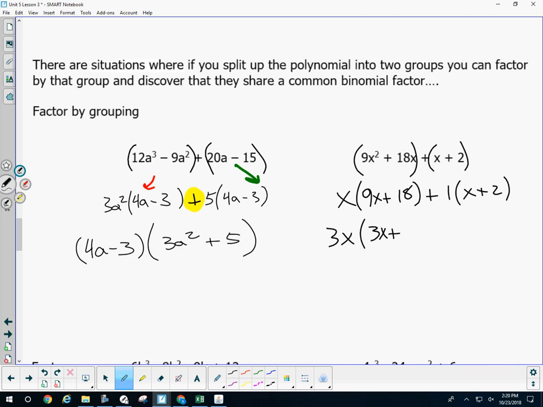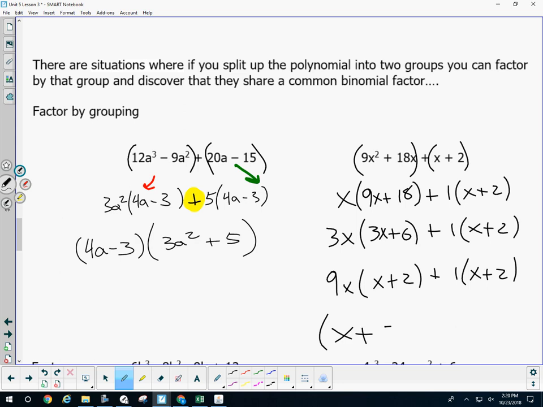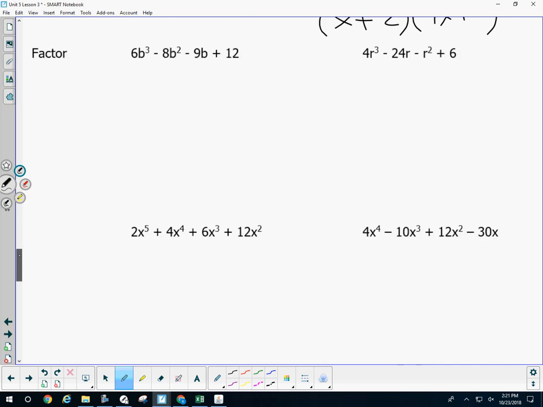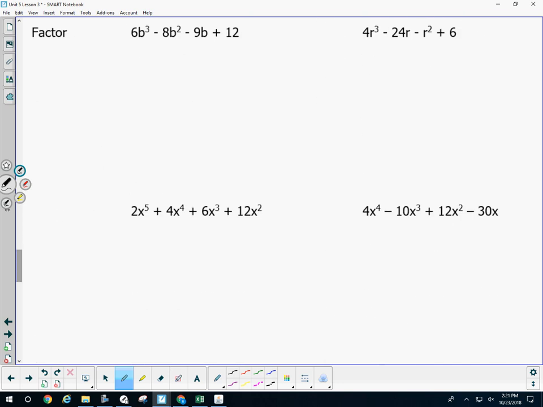I get 3x plus 6. Well, 3x plus 6, not the same as x plus 2. Keep going. Oh, I could pull out another 3, making this a 9x plus 2, making this a 1x plus 2. Now, I could pull out the x plus 2's from both of these terms, leaving me with a 9x plus 1. Okay? All right. Jump over, your turn.